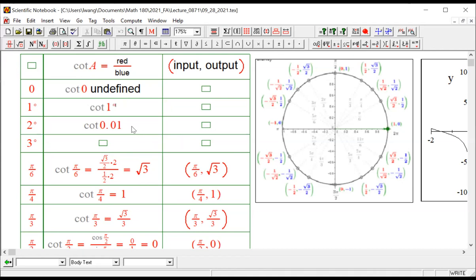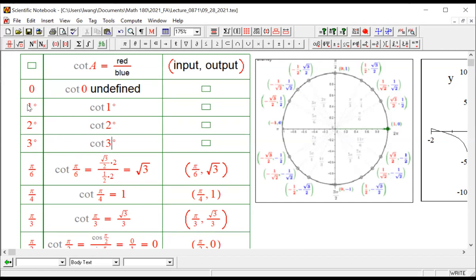It doesn't matter whether we use radians or degrees, but when we graph it, when we plot the points, we have to convert to radians. So we're going to take this opportunity to do the conversion to radians. 2 degrees, and this is going to be 3. That's getting closer to zero from larger than zero.